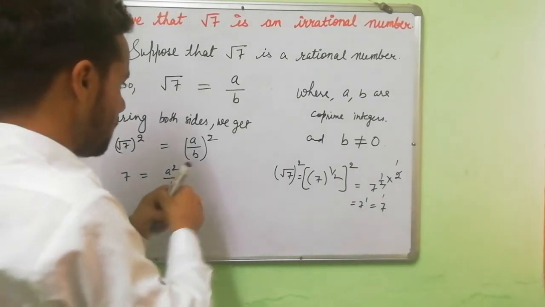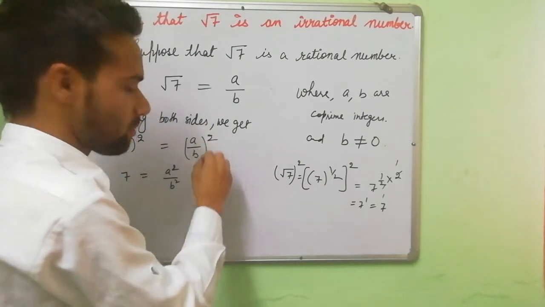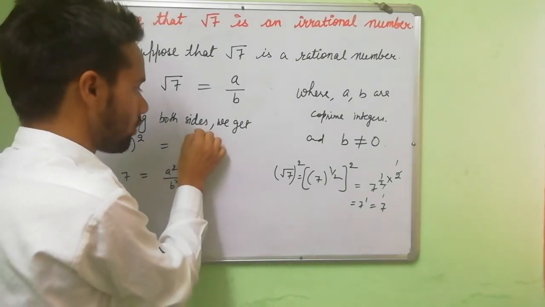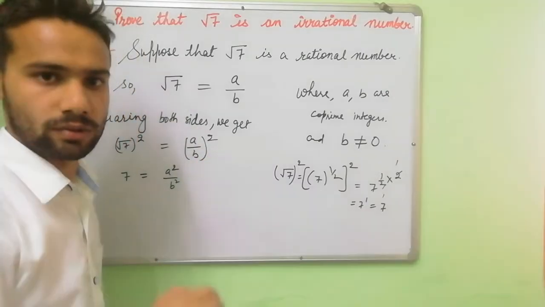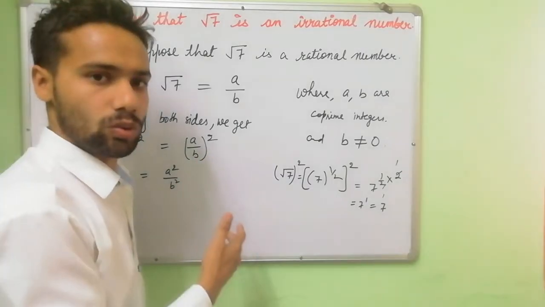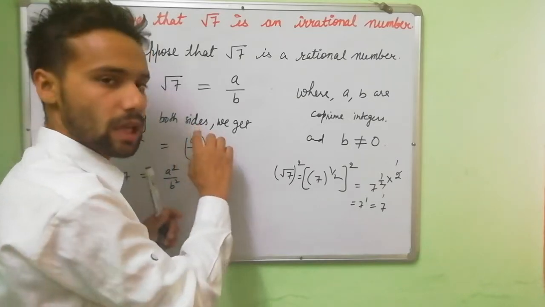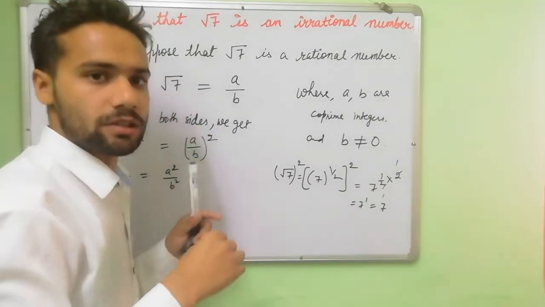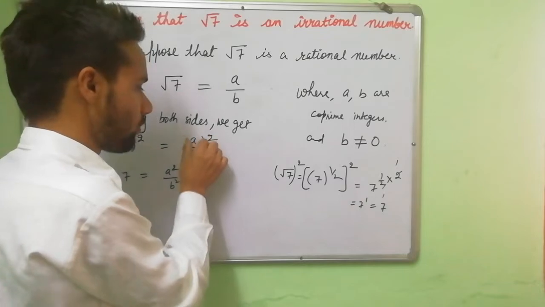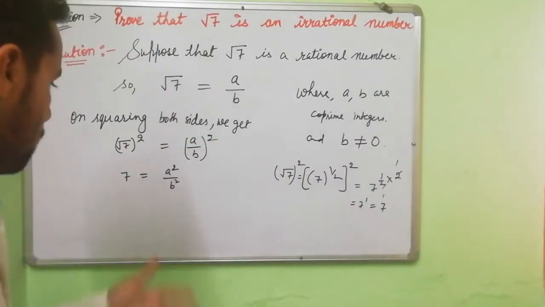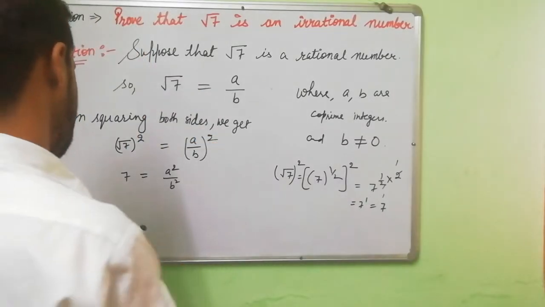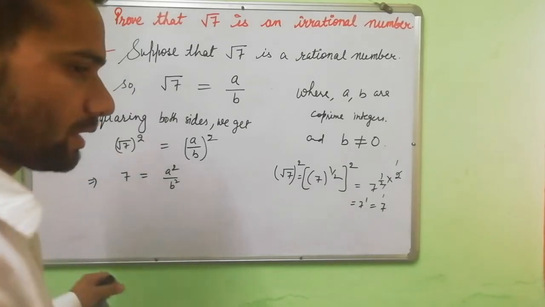What I am doing is separating this power. I give this power to numerator and denominator. This is again a rule in maths. Whenever there is a common power of any fraction, then we can separate it into denominator form and numerator form. Now, dear student, next step is this.